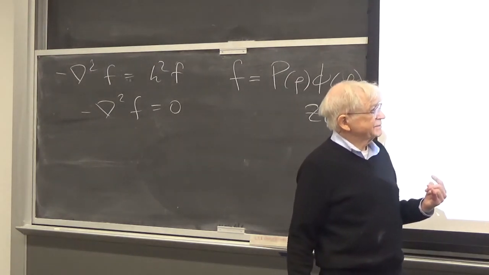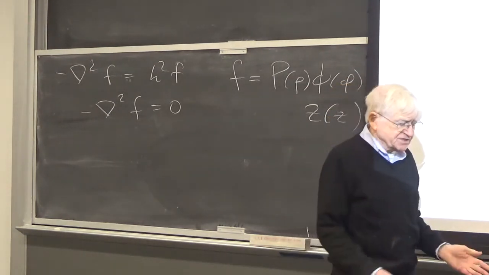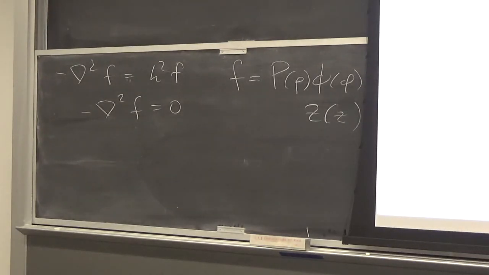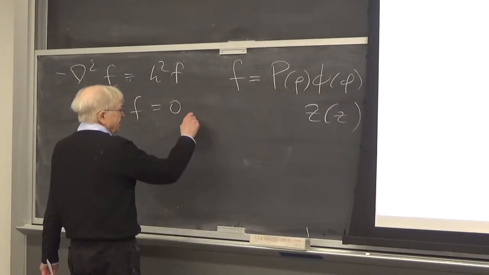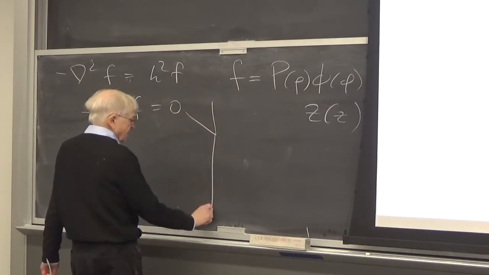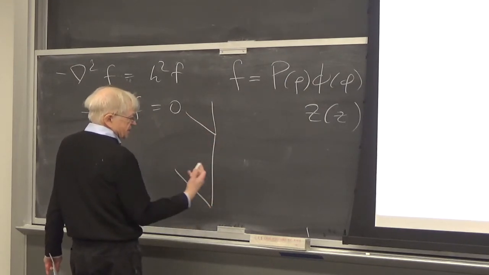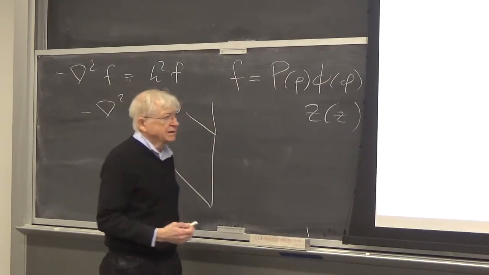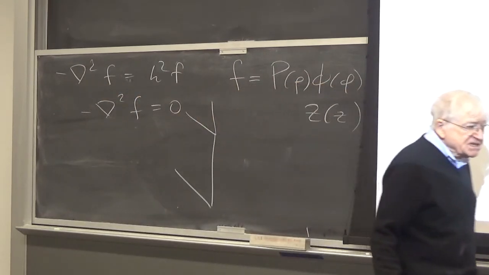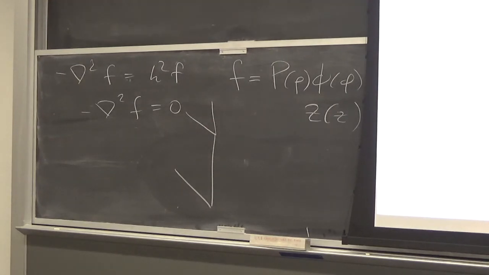On the other hand, if you're dealing with a problem in which you're trying to find the function outside of a certain wedge, then m does not need to be an integer, and so you have to allow for m to be not an integer.